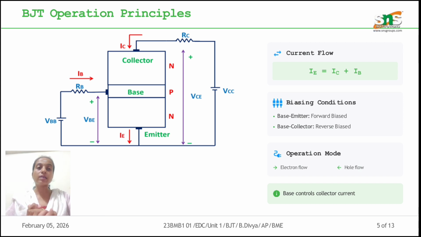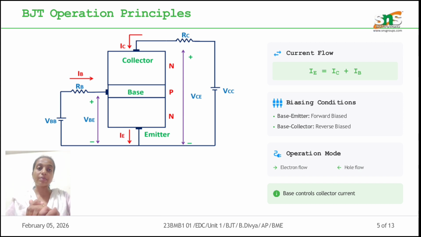How does it operate? NPN is a type of BJT transistor. N is filled with electrons, P has holes, and the other N again has electrons.